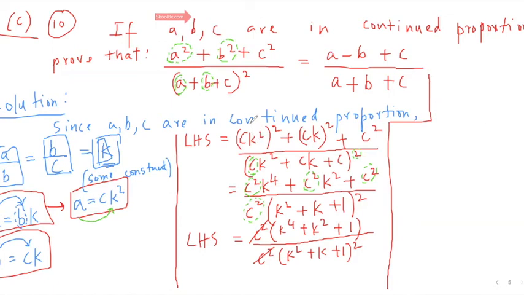But if you look at it, we've talked a lot and gone all over the place with this. In solving the sum, so far, all we've done is say that since they are in continued proportion, a is equal to bk, b is equal to ck. And also a is equal to ck squared because we substituted for b in that.